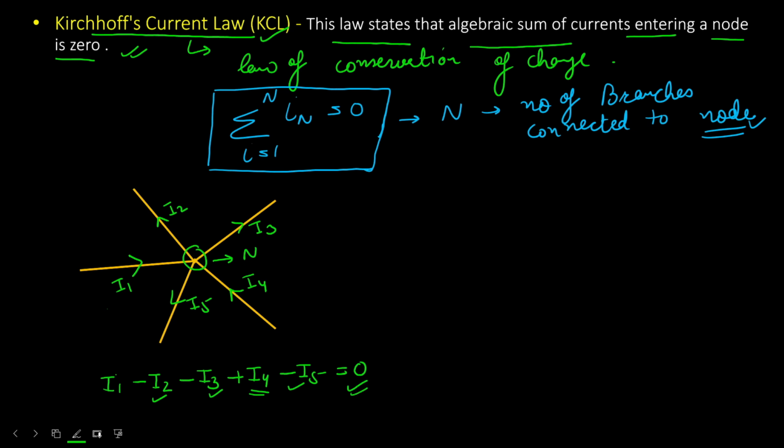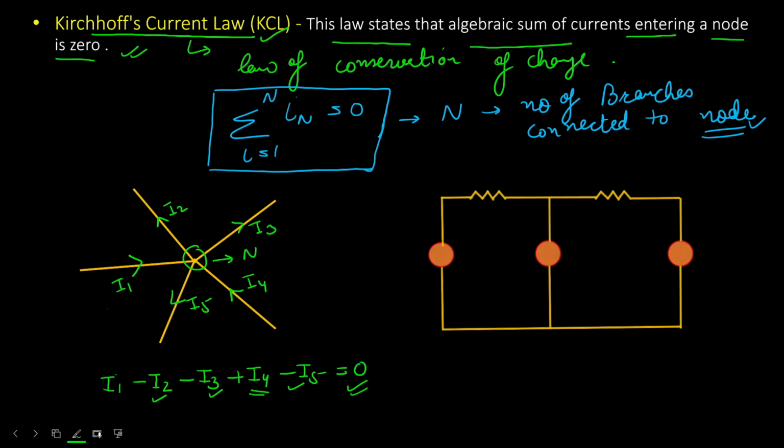Another example we can take: let's say these are the two resistors R1 and R2, and these are the 3 current sources. This is I1, this one is I2, and this one is I3. Let's say this is the reference node on which we are applying KCL.